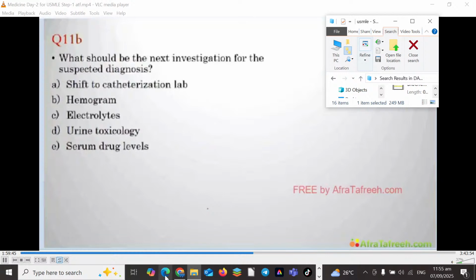What should be the next investigation for the suspected diagnosis? For complete heart block, what should be the next line of investigation?